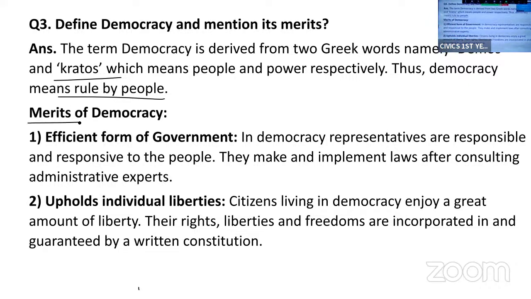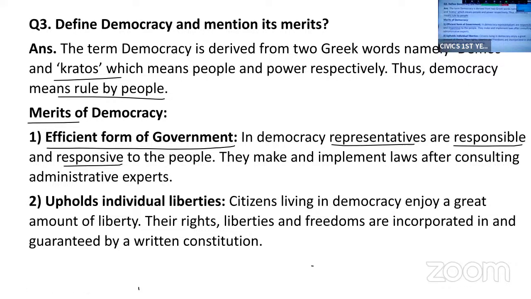The first merit is that it is an efficient form of government. The representatives in a democracy are directly elected by the people. So here the government is representative as well as responsible. They are responsible and responsive to the people, that means they are answerable to the people.